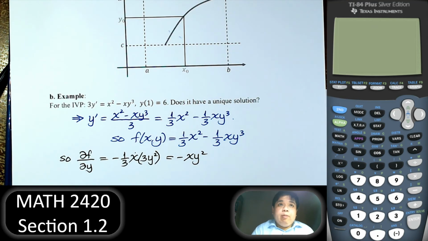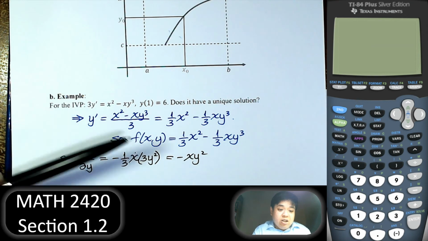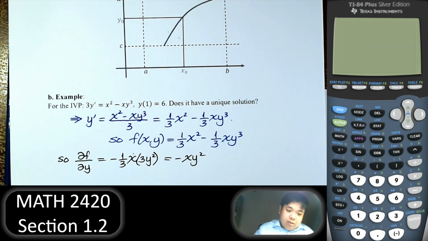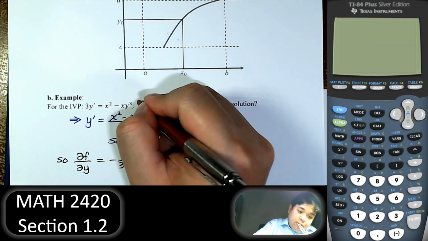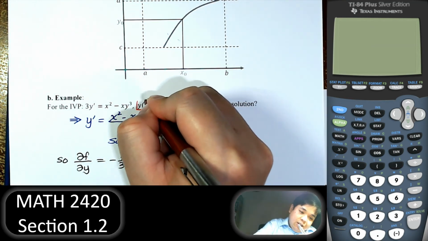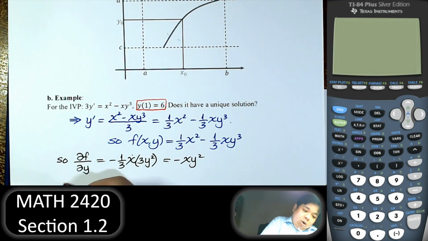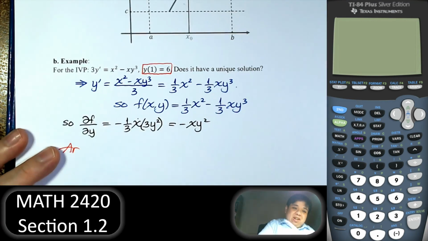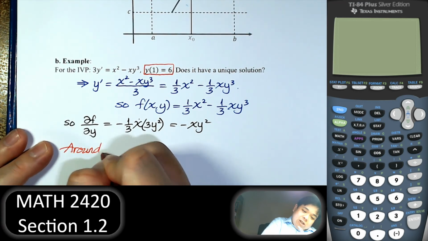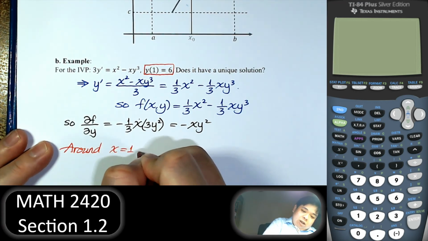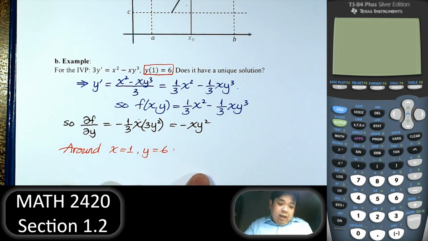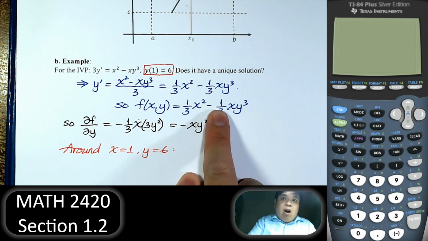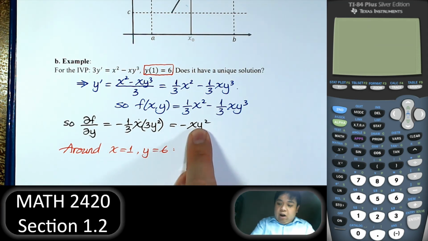Now, of course, we just need to show that they are continuous on an interval containing the point. So, what point? The initial condition is 1 and 6. So there is a rectangle around x equal to 1 and y equal to 6. Around that point, this function is defined and continuous.